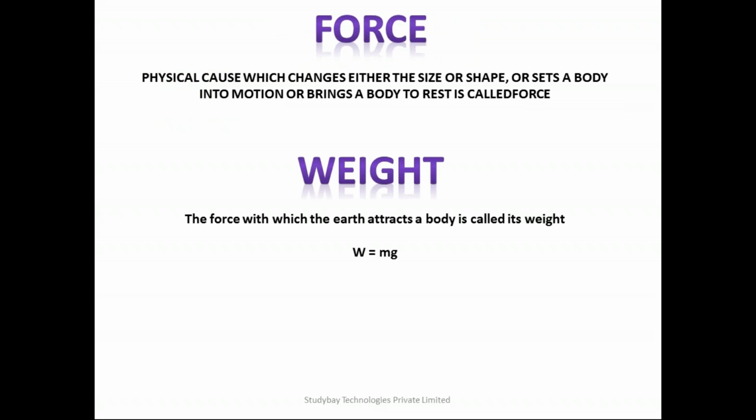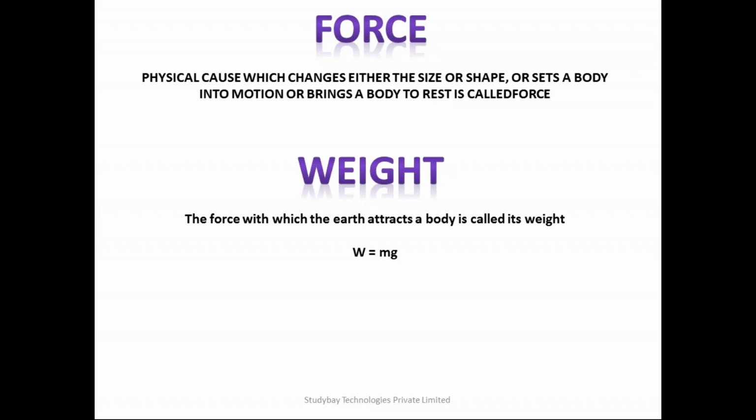Now something about force. Force is just a physical cause which changes the size or shape of a body, sets a body into motion, or brings a moving body to rest. Right? This is called force. Now something about weight. The force with which the earth attracts a body is called weight.